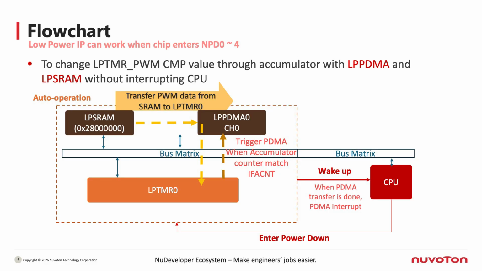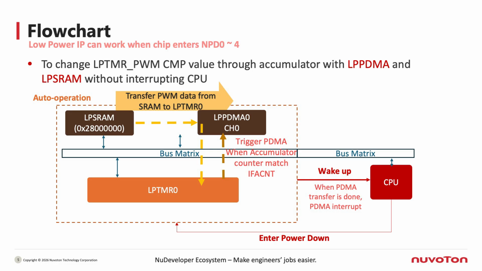Next, let's quickly go over the workflow of this example program. First, the system uses the low power timer to generate a PWM signal, which controls the brightness of the LED. Then, the timer's accumulator interrupt triggers channel 0 of the low power PDMA. Once triggered, the low power PDMA sequentially moves the data stored in low power SRAM into the timer's PWM compare register.